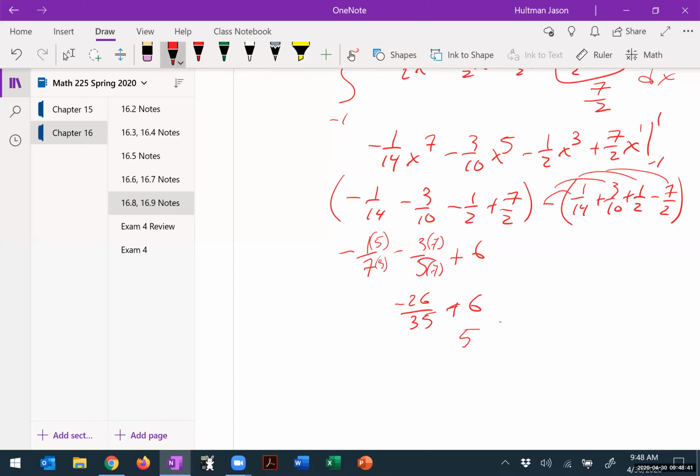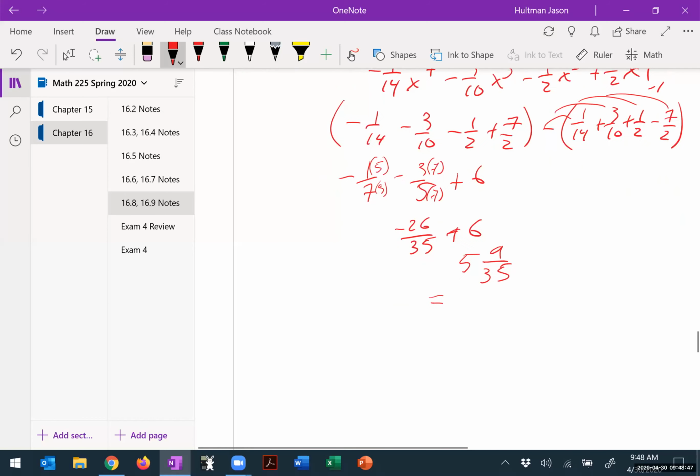So this is 5 and 9/35. If you wanted to make it an improper fraction, this would be 184 over 35. Okay, and that's the answer to that one.